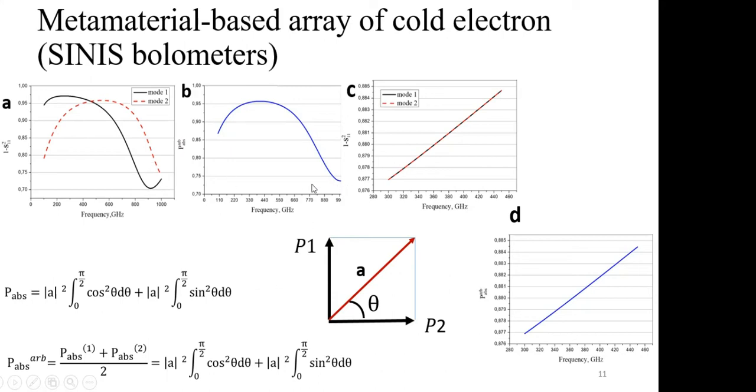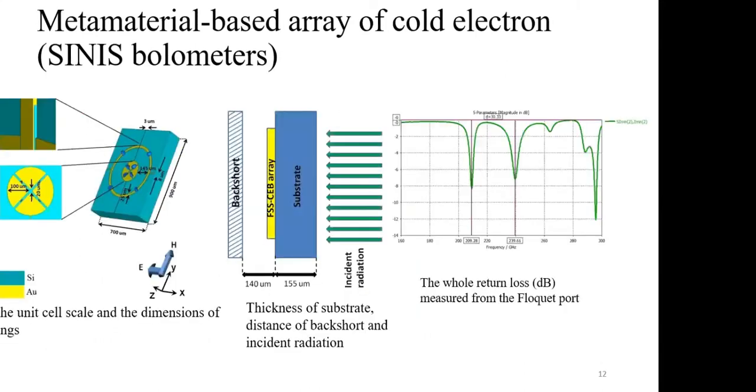So we observe that the DC wires are very important for each mode's absorption. For the other design, with the larger ring, because it was symmetric, we have the same absorption for both modes, which we calculated as the arbitrary power of absorption. We observe the same, and we switch to another design.